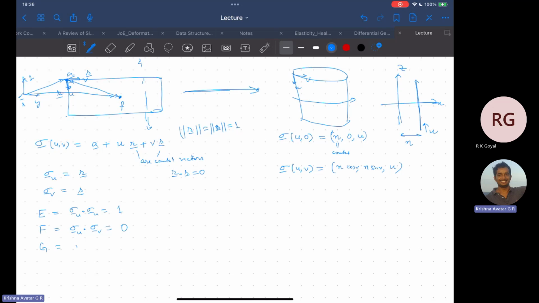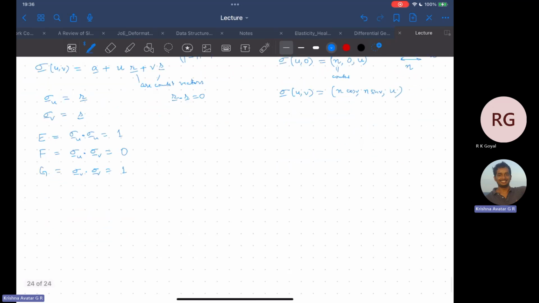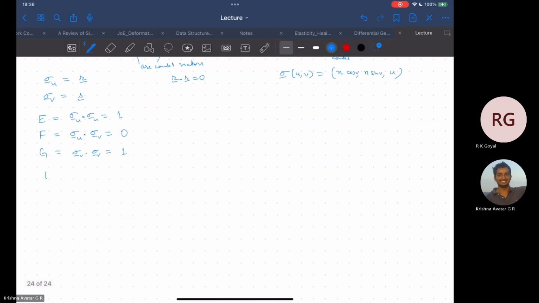So G is equal to sigma v dot sigma v, and s dot s is 1. Fine. So our first fundamental form is E du squared plus 2F du dv plus G dv squared, and using the values, E is equal to 1, so you have du squared, F is 0, so no contribution from F, and then dv squared.